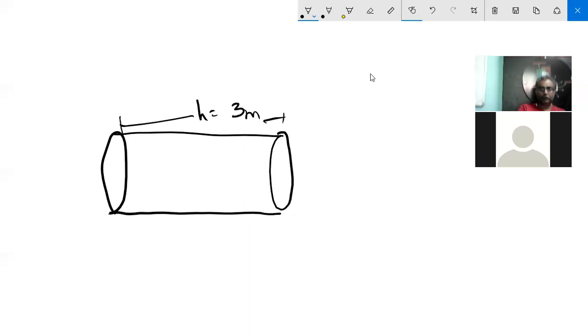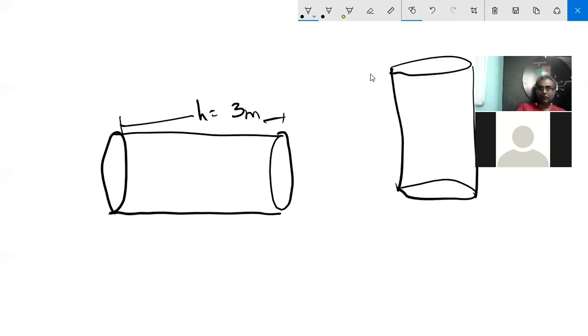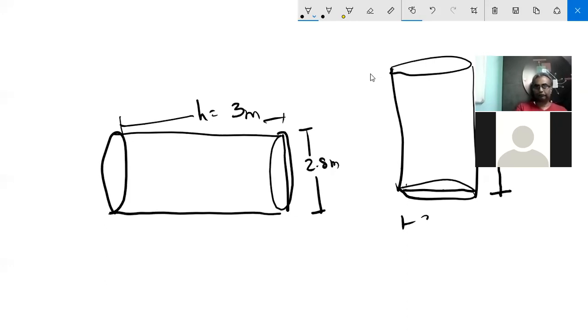Imagine if it was standing, it should be 3 meters. The diameter is 2.8 meters. Then what is the radius?